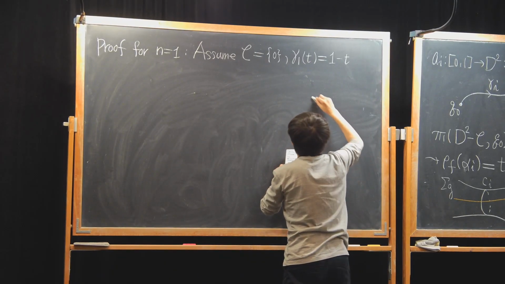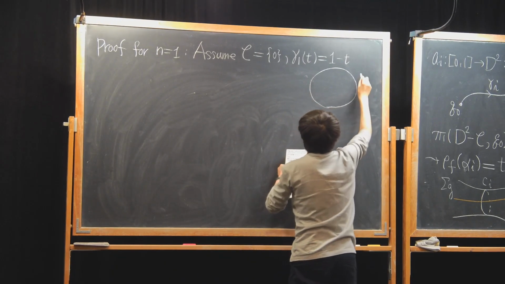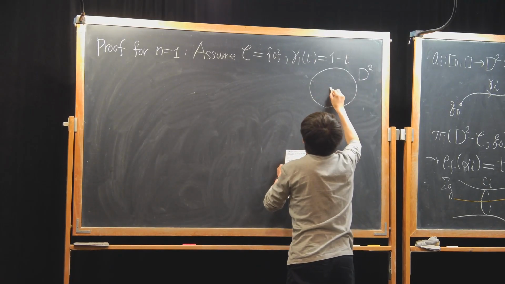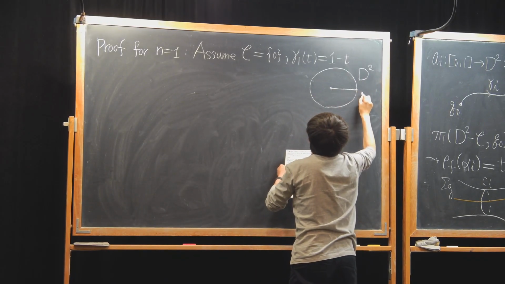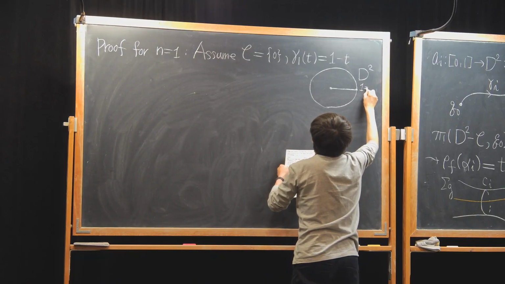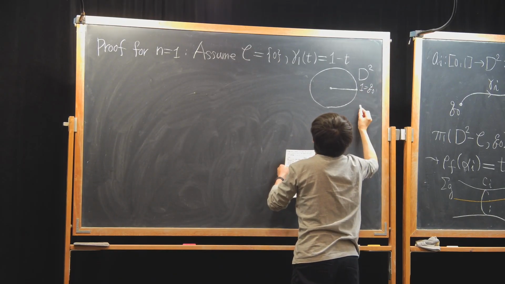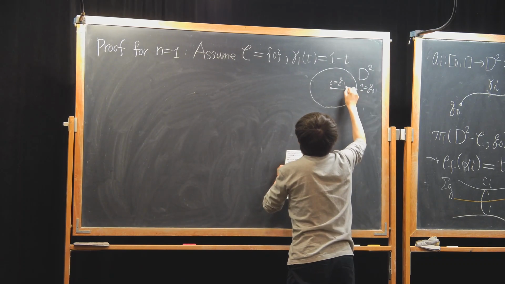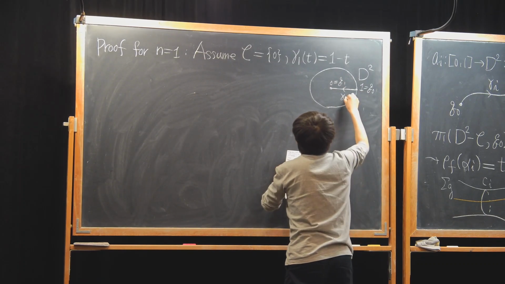So I'd like to draw a figure. So gamma 1 is from this point, this point is Q0, and this point is Q1, and gamma 1 is this path.